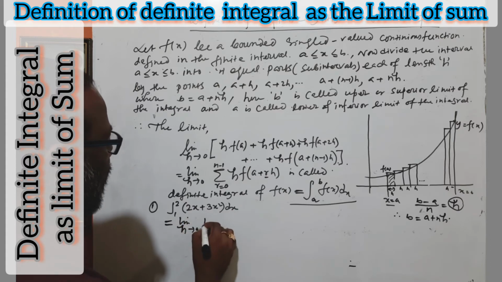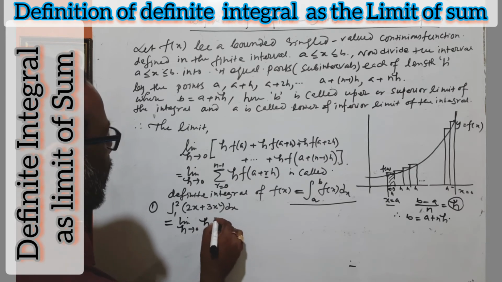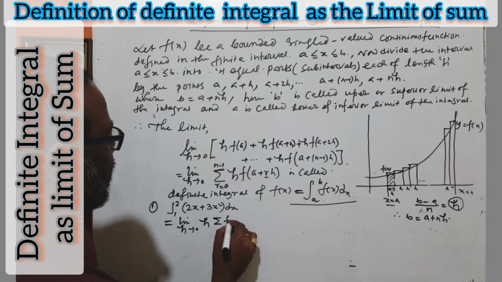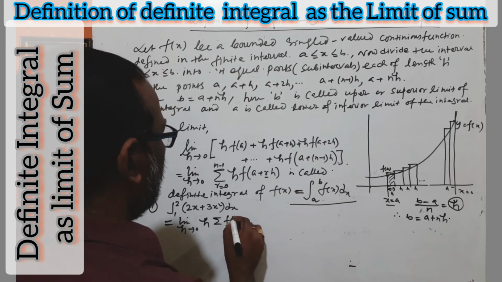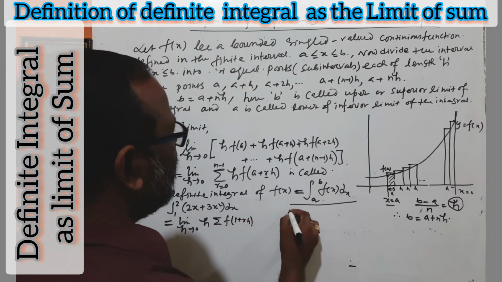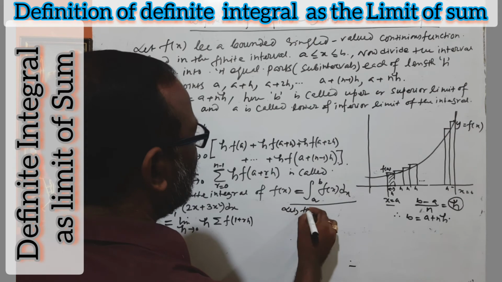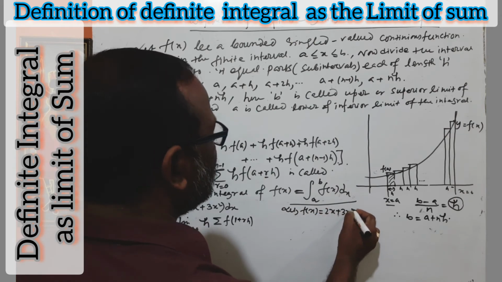For dx we can write h, and now here is the summation of f of lower limit plus rh. The function is f of x equal to 2x plus 3x squared.